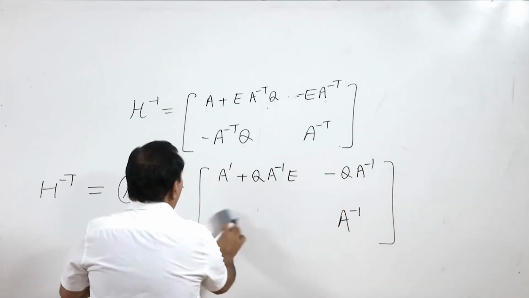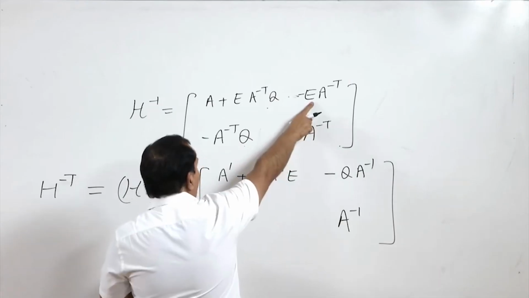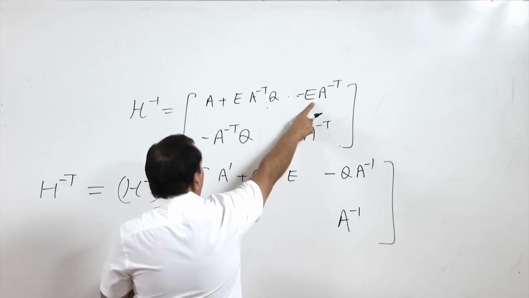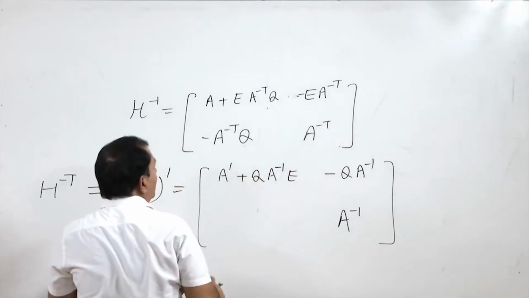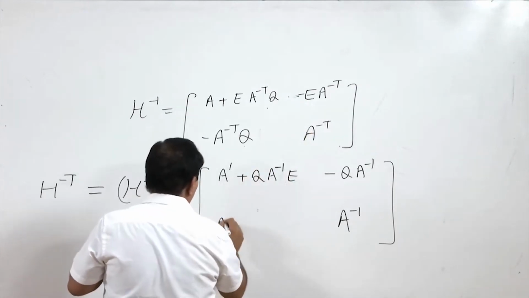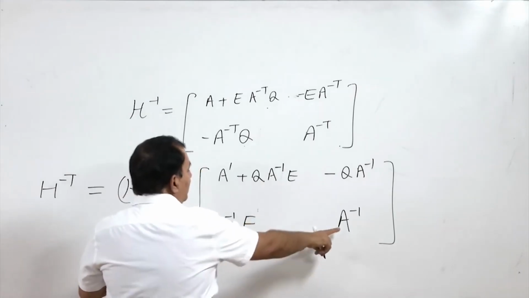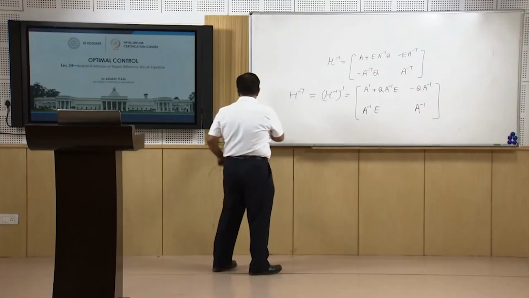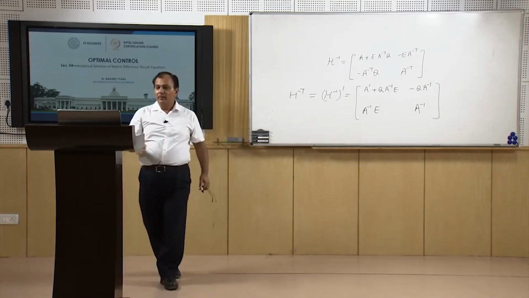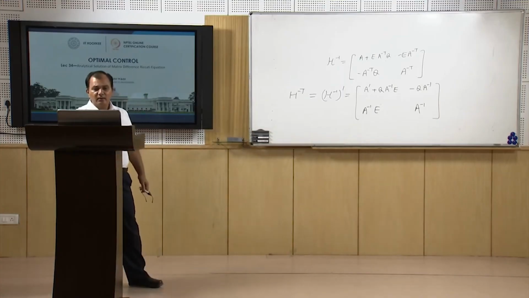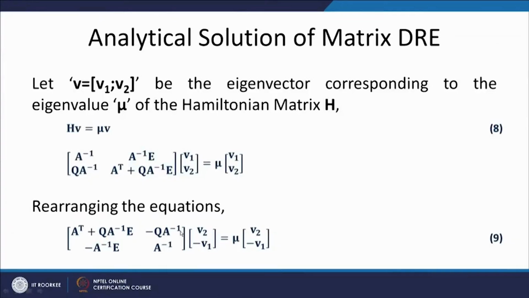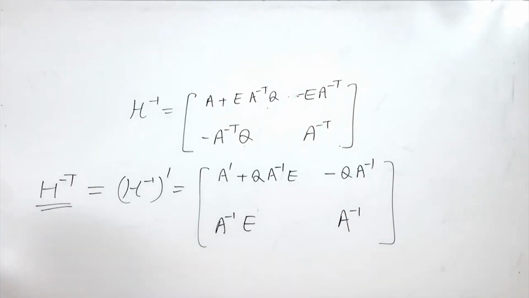This term will be the transpose of the other term, which is A inverse E, and this remains the same. So my second row is minus Q A inverse, minus A inverse E A inverse. This is nothing but my inverse of the H transpose.